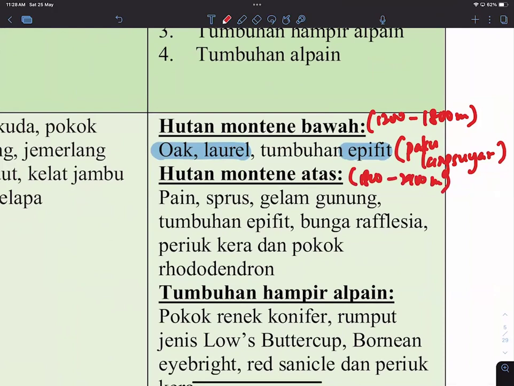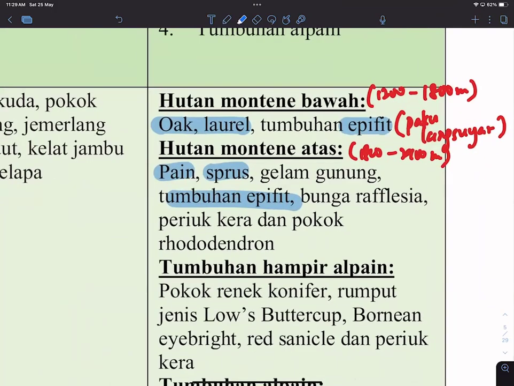Within the Montane atas, we have the pine tree and then the spruce tree, including the tumbuhan epiphyte here. What's the epiphyte within the Montane atas? It's no longer paku langsuyar. What is the epiphyte within the Montane atas? Known as lumut, or lichen. Very good.